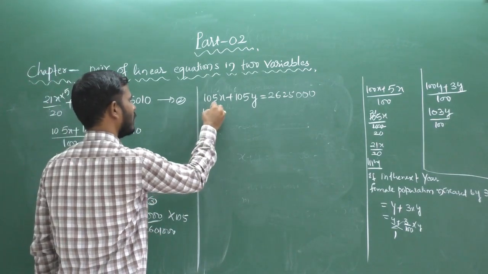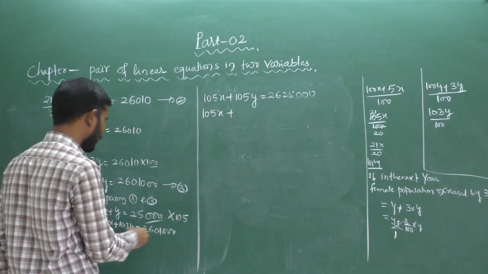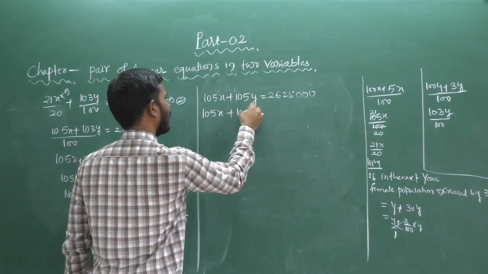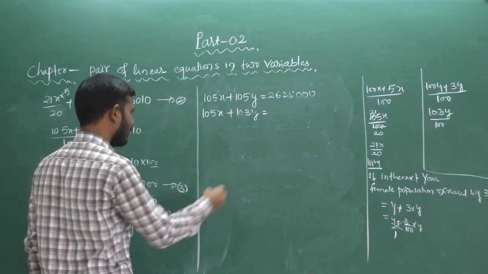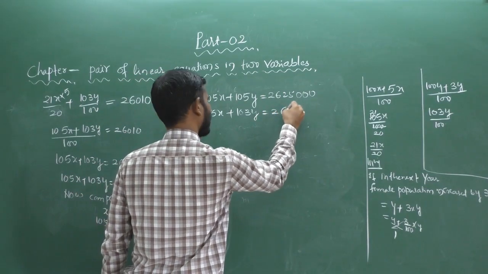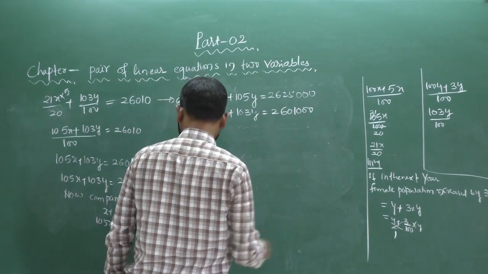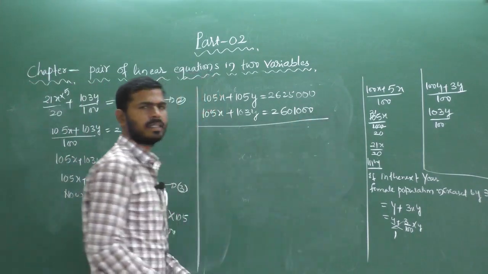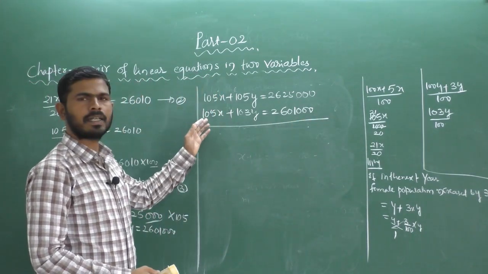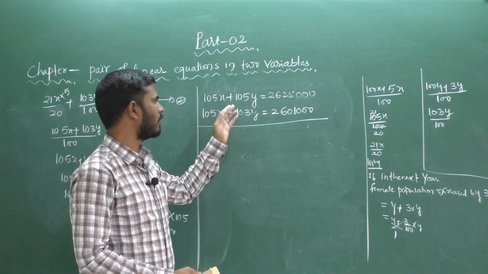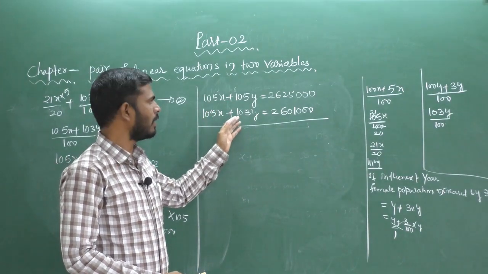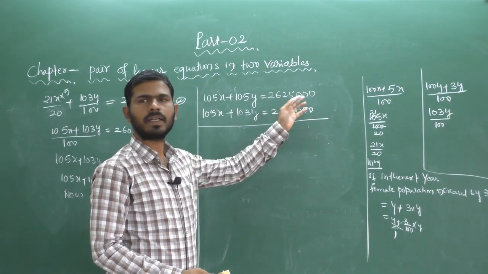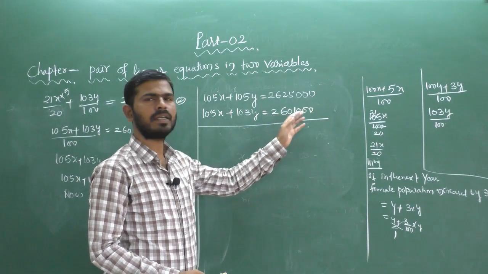This one is 105x plus 103y equal to 2,601,000. Next you have to use the elimination method, so you will get 105x plus 105y, and 105x plus 103y equal to 2,625,000 and 2,601,000.